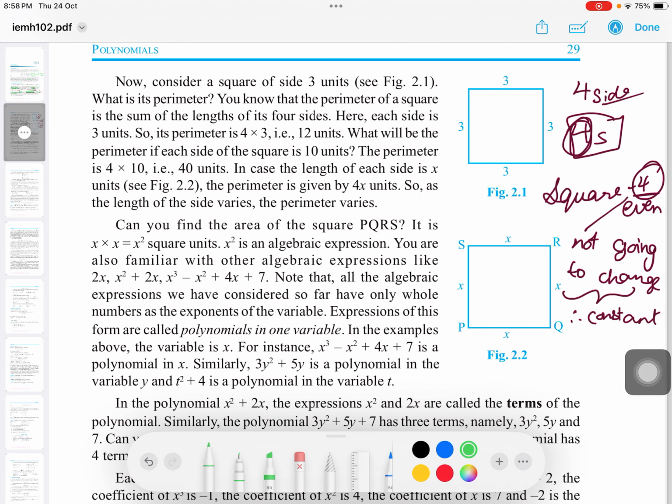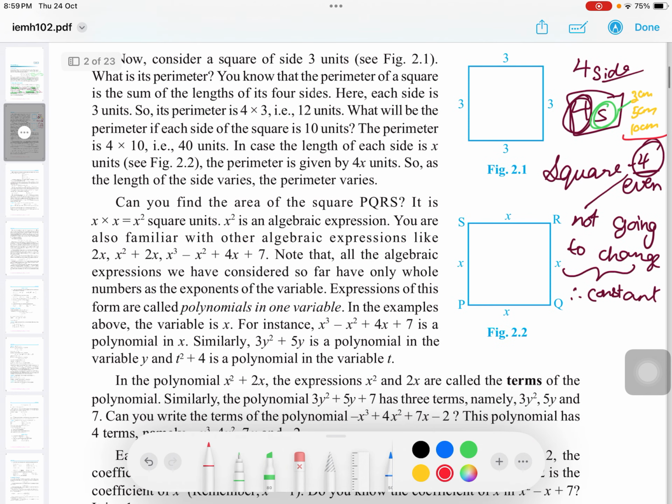But this side could be, let's say, 3 centimeter, 5 centimeter, 10 centimeter. This thing changes. It changes.